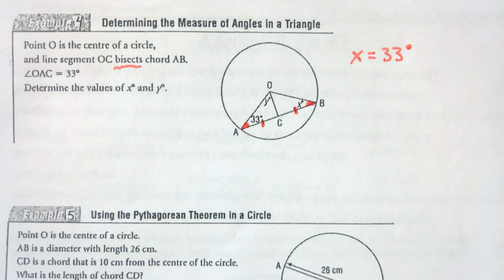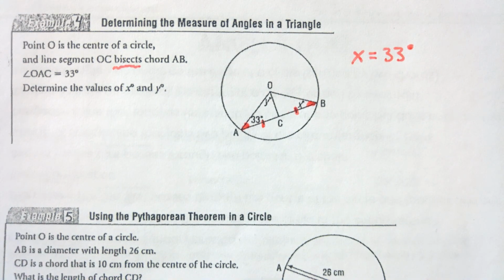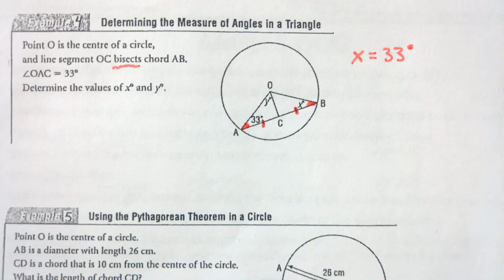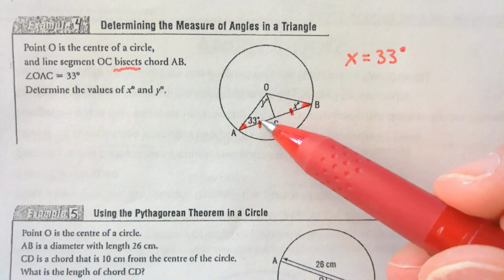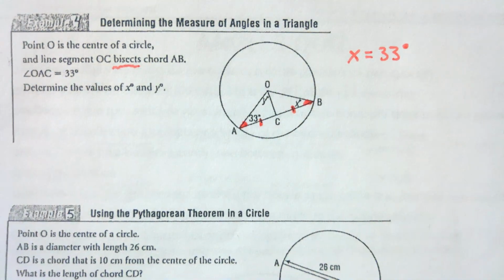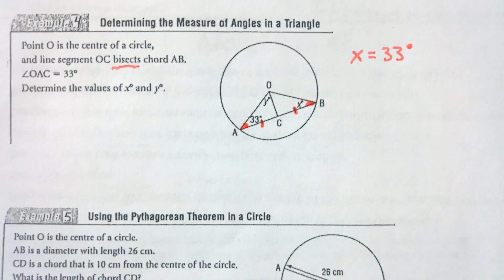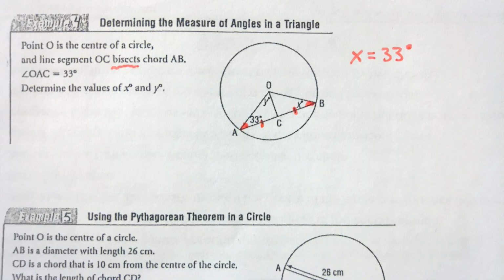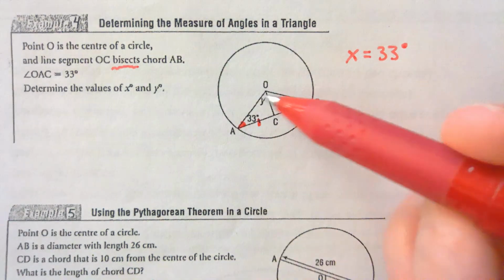More mathematically. How do you know? The length is the same, yeah. It's not because these two are equal though, even though you're bisecting. Same radius. So what triangle does this make?